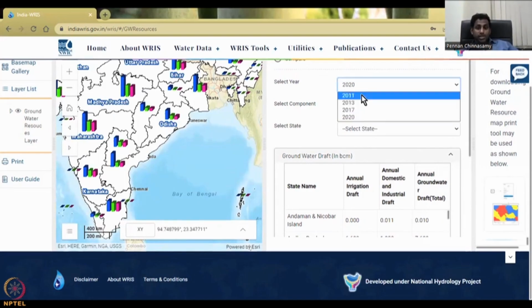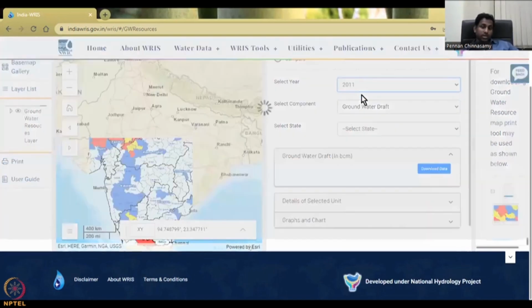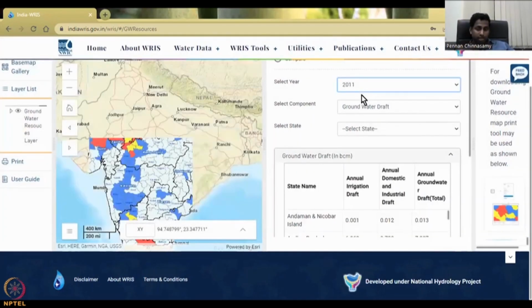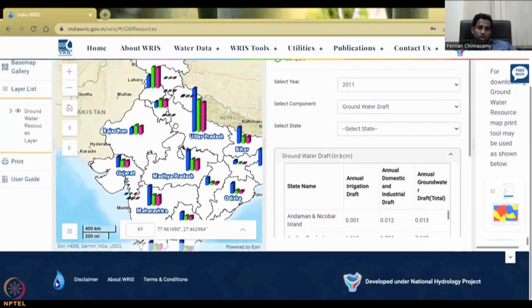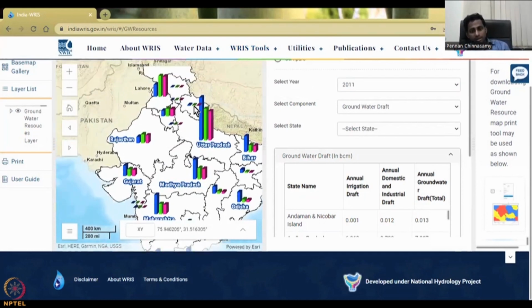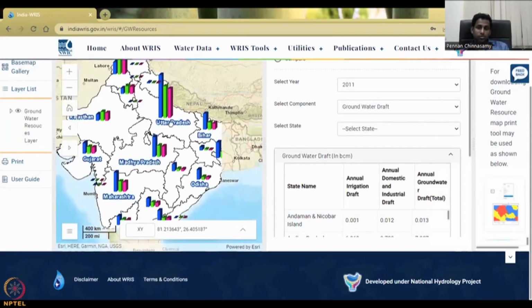Let's look at 2011. So this is 2020, the data we saw. Now I'm switching to 2011. You could see that 10 years ago, the situation was still bad here, but the drafts were different. How much water was taken, the volume, was different. And that is where you could use this.